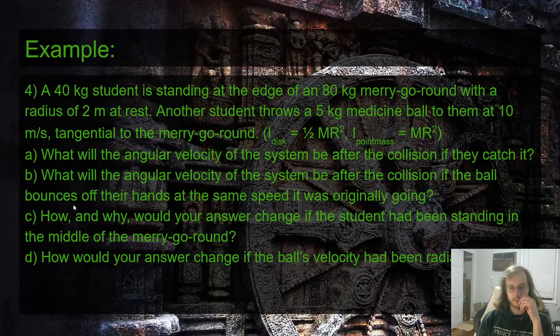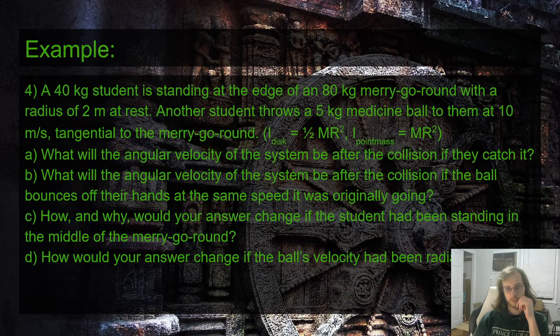Oh, final example. A 40 kilogram student is standing on the edge of an 80 kilogram merry-go-round with a radius of 2 meters at rest. Another student throws a 5 kilogram medicine ball at them at a 10 meter per second velocity tangent to the merry-go-round. Okay, we've got our disk, we've got our point mass.